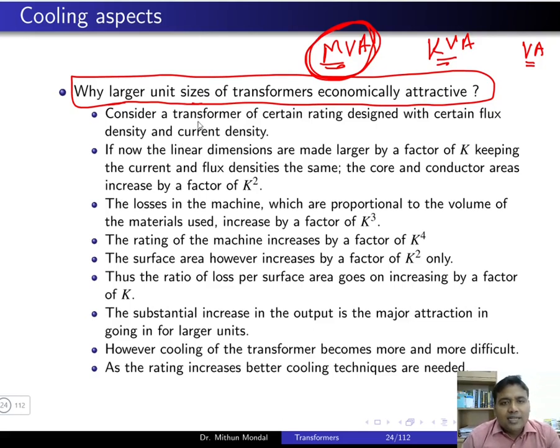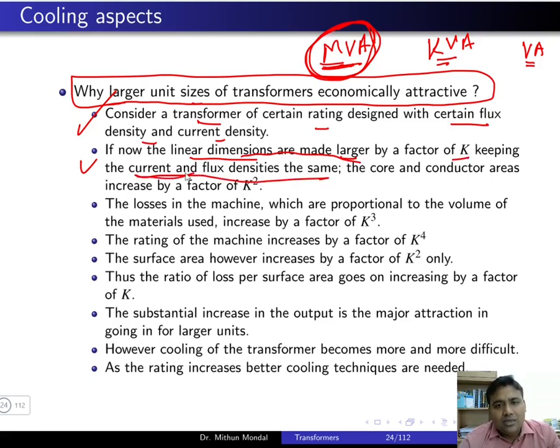Consider a transformer of certain rating designed with certain flux density and current density. Any transformer will be designed for a particular amount of flux from the magnetic circuit point of view. Now, if the linear dimensions are made larger, because when the MVA rating is more, obviously the dimension will be larger by a factor of K, keeping the current and flux density the same.